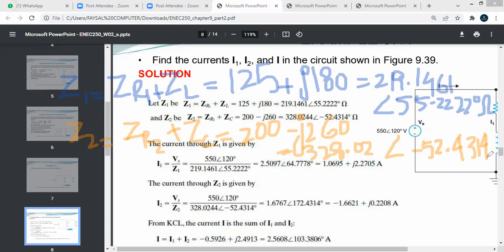So this is the value of Z1 and Z2 for my system.